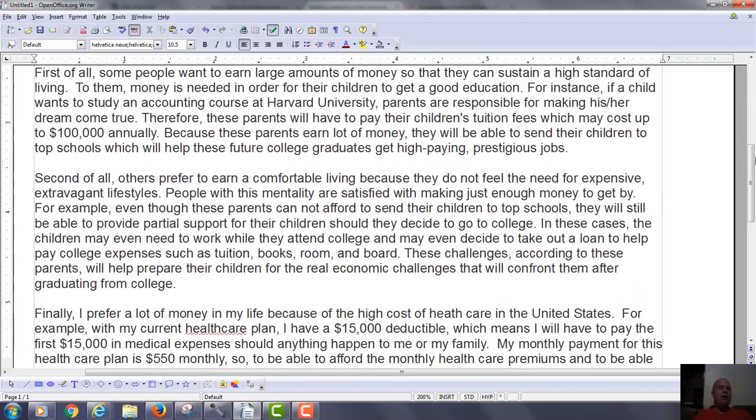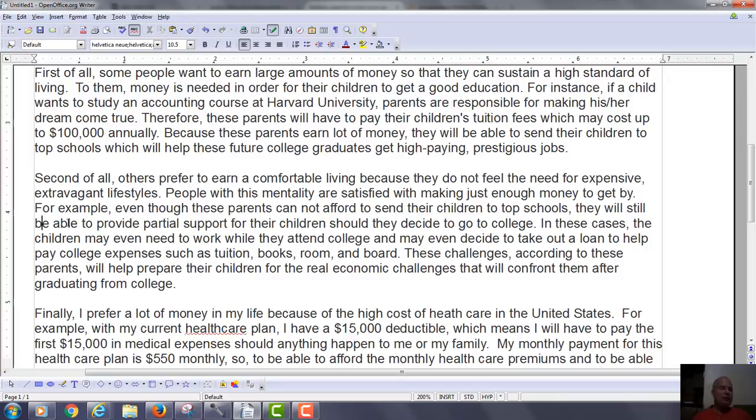Second of all, others prefer to earn a comfortable living because they do not feel the need for expensive, extravagant lifestyles. People with this mentality are satisfied with making just enough money to get by. For example, even though these parents cannot afford to send their children to top schools, they will still be able to provide partial support for their children should they decide to go to college.